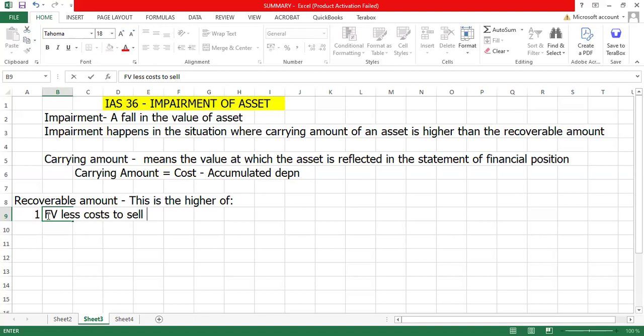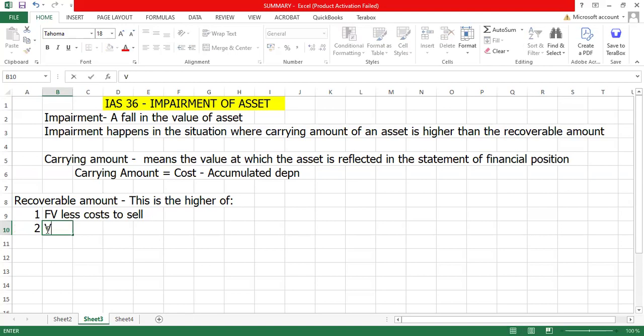The cost to sell, here we are only talking about the transport costs. Don't talk about the advertising costs.